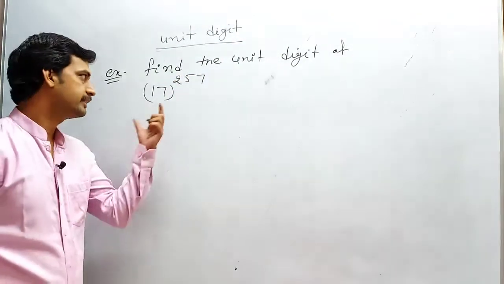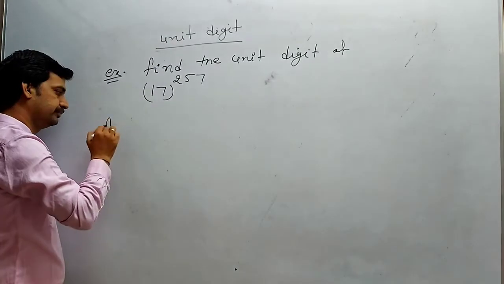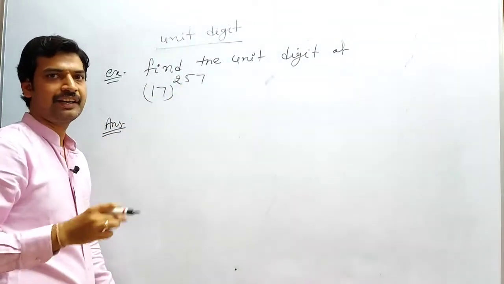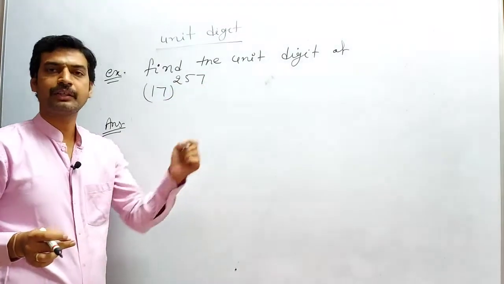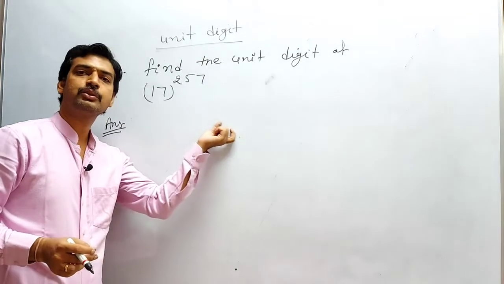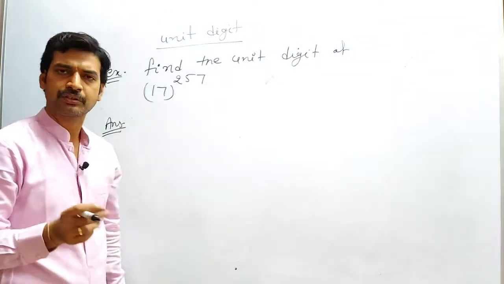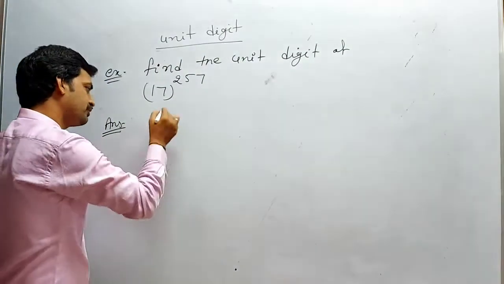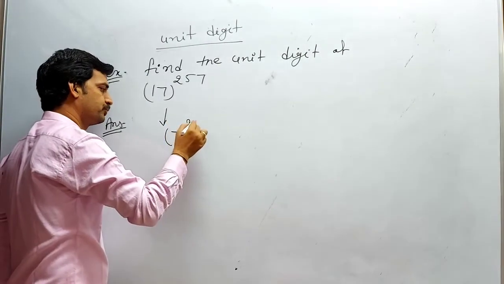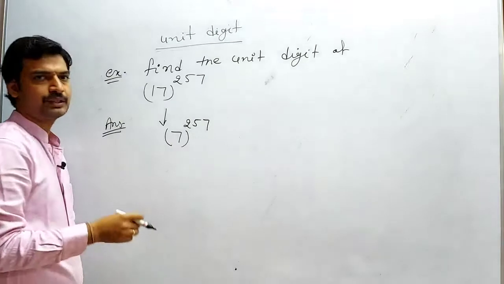Right? In this type of question, it means 17 is multiplied again and again, 257 times. When we multiply 17 into 17 into 17, that means we will use 7 into 7 only. So the question becomes 7 raised to 257, because we use the unit digit.